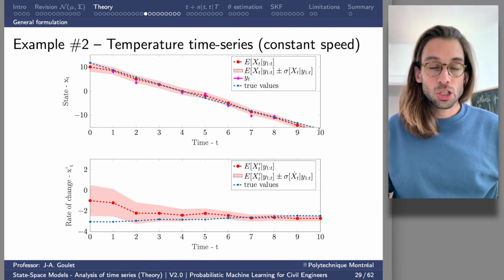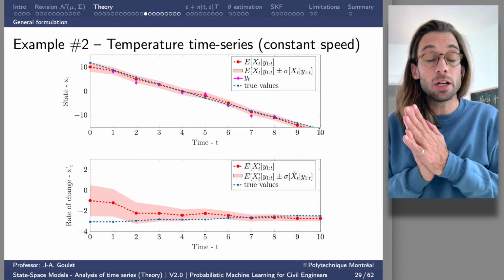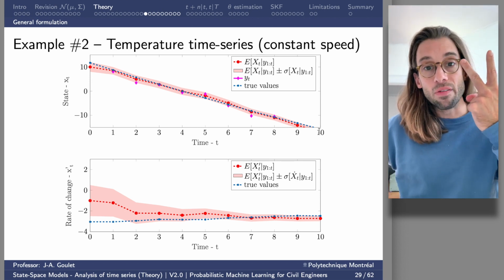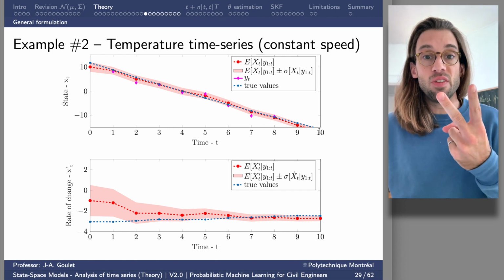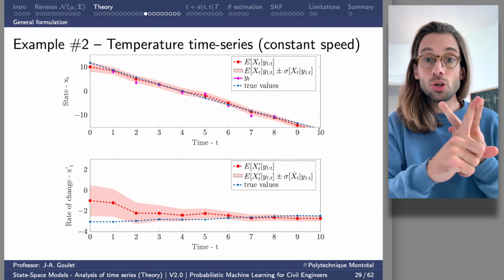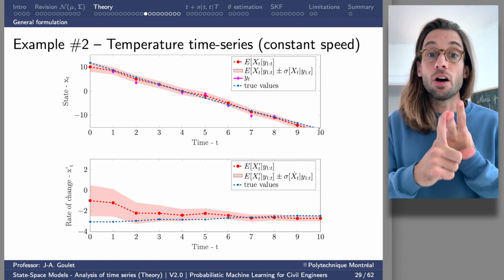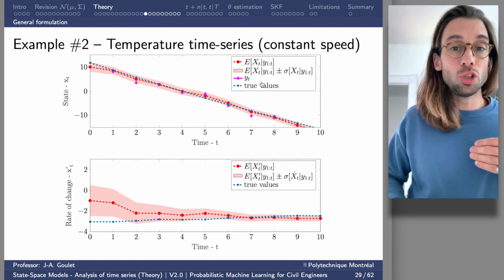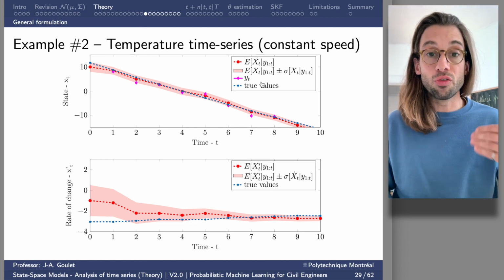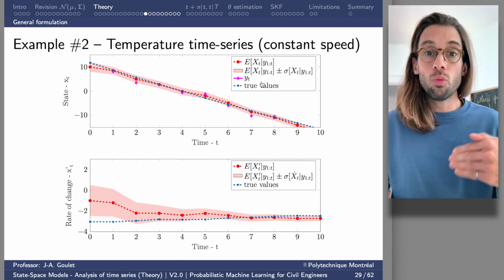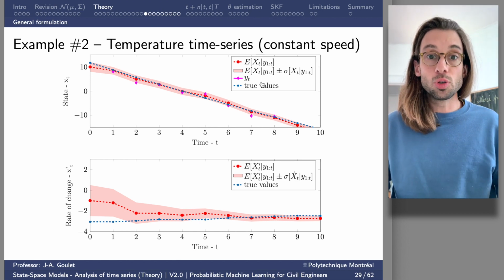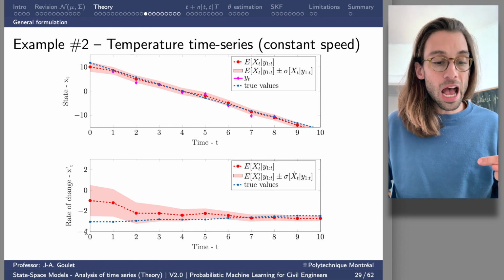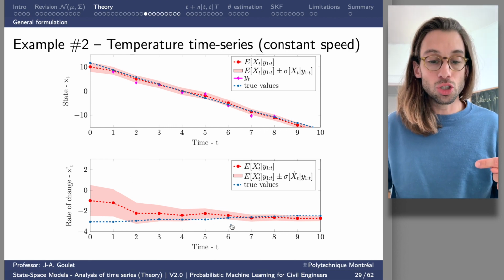So in that case, we want to use a state space model in the context where we have not one, but two hidden state variables. The first one being the temperature, the second one being the rate of change. So in this case, we want to both jointly infer. So from the actual observed temperature, we want to use this observation to infer both the current temperature as well as the rate of change over time.